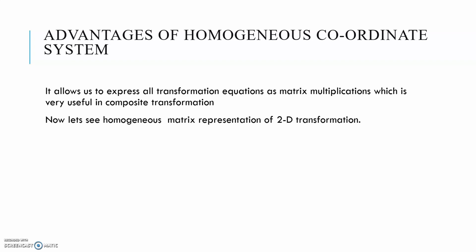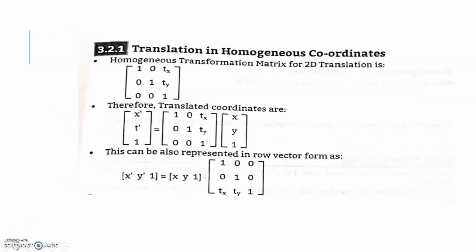Now, let's see the homogeneous matrix representation of 2D transformation. First, we will see translation in homogeneous coordinates.